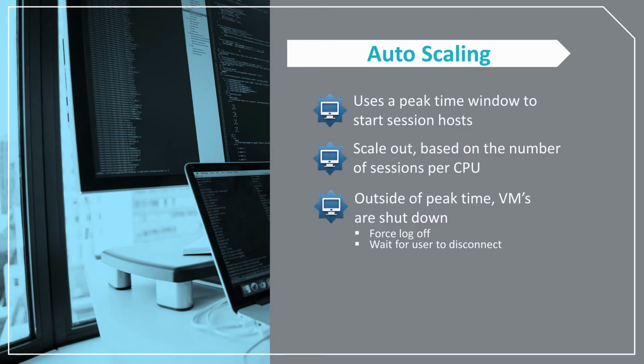It uses a peak time window to start session hosts as users log in. It calculates the number of session hosts to start based on parameters passed to the solution at runtime. The solution shuts down servers outside of peak time. There's an option to force users to log off, and another that's a little less aggressive. It waits for users to log off before shutting down.